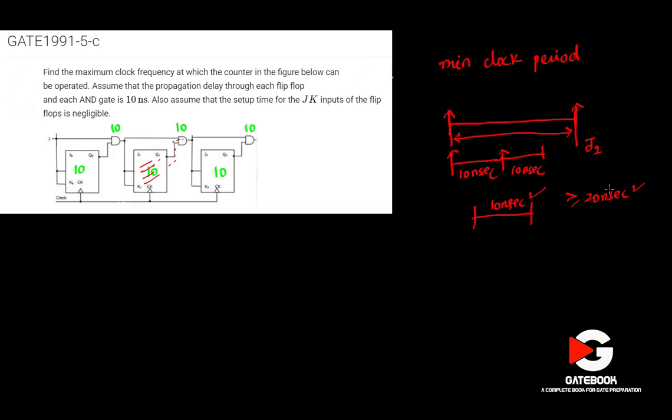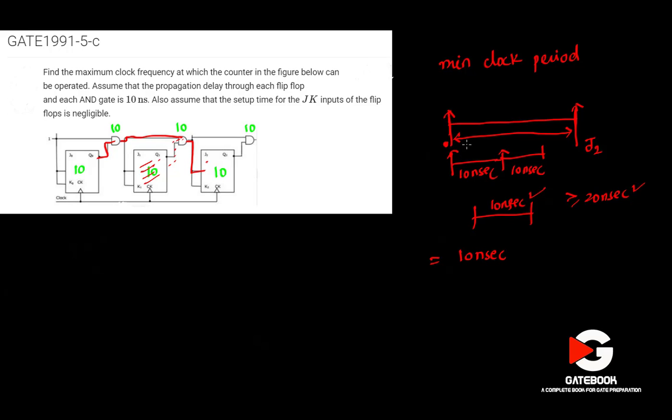But we have another path that we also have to see, because J2 is connected through this path also, right? See this path. With the same approach, Q0's output comes after 10 nanosecond from this triggering point.